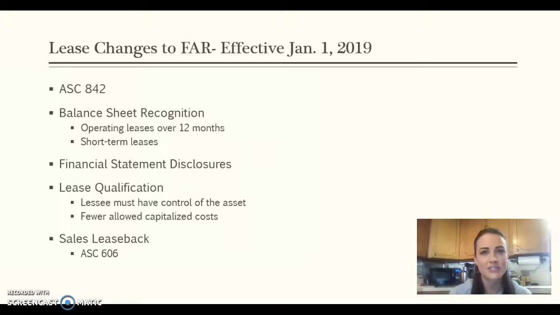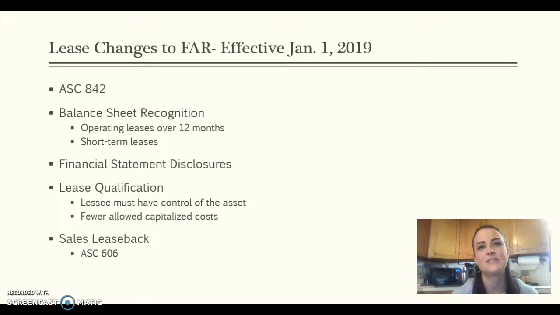The lease qualifications have changed under ASC 842. Now the lessee must actually have control over the asset in order for it to be considered a lease. There are also a lot fewer allowed capitalized costs that companies can include in the lease. And as far as a leaseback, in order to be qualified as a sale, the company must adhere to the revenue recognition under ASC 606.